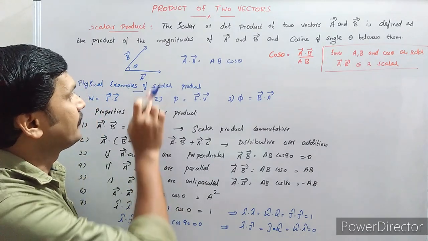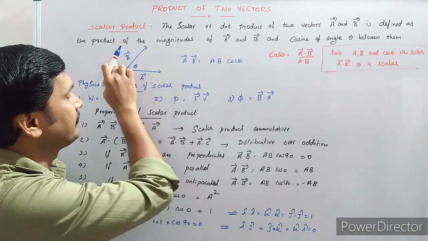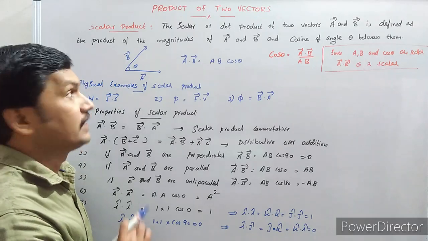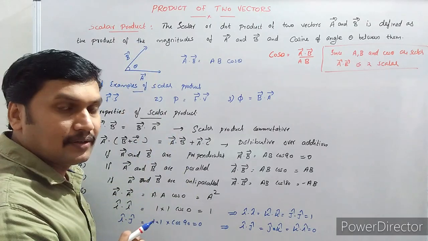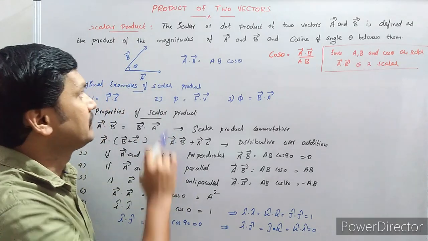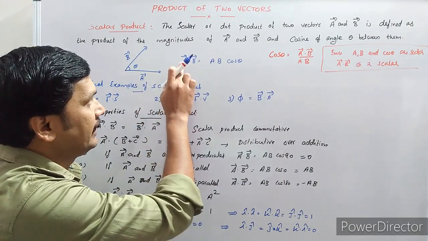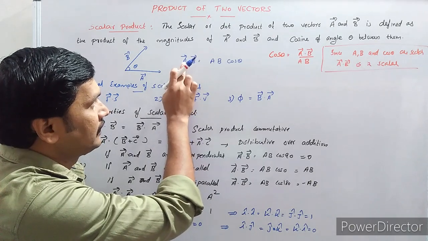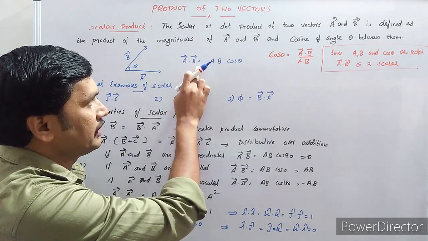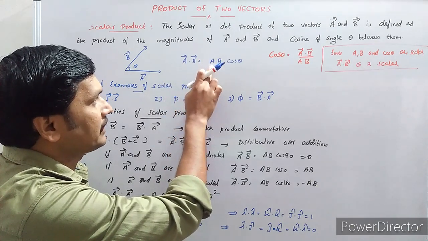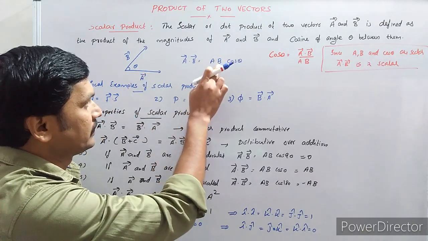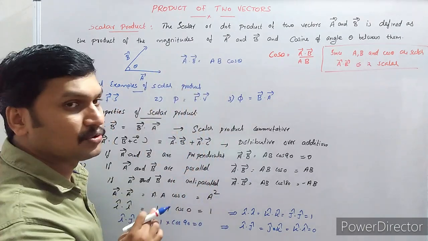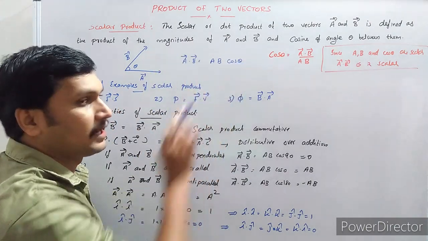For example, here we have two vectors A and B. The angle between these two vectors is theta. And the scalar product, also known as dot product, between A and B is: vector A dot vector B is equal to the magnitude of A into the magnitude of B into cos of the angle between them, that is cos theta.